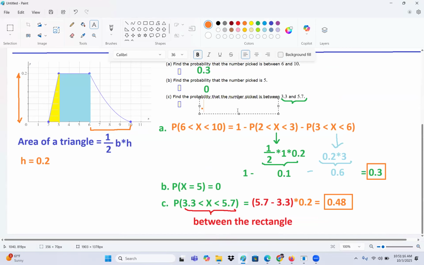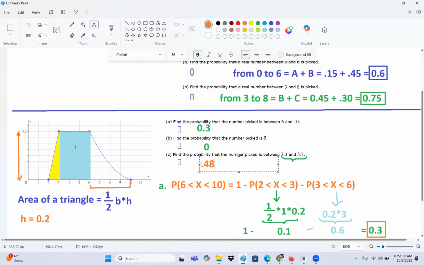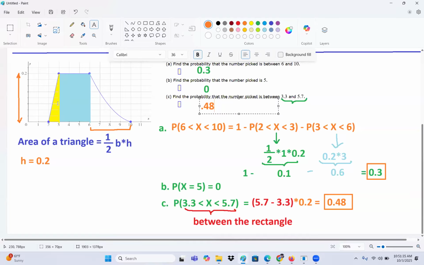Yeah, every single question is just like that. You're not required to do calculus to integrate or anything like that. Just simply know the fact that the total probability has to add up to 100%. So for any part that you can compute the area, we simply subtract. So the small triangle was 0.1, this is 0.6, and this is 0.3.